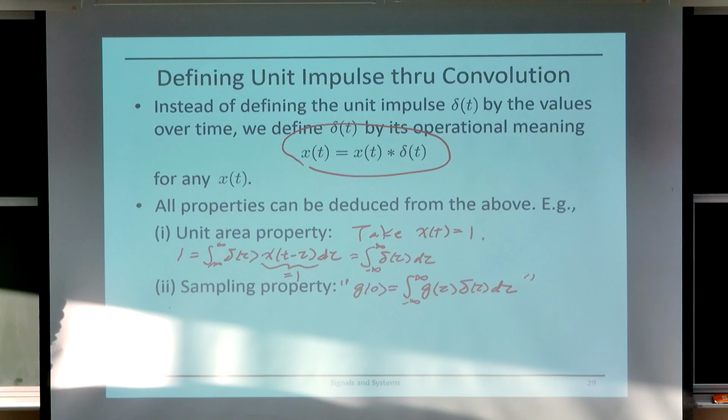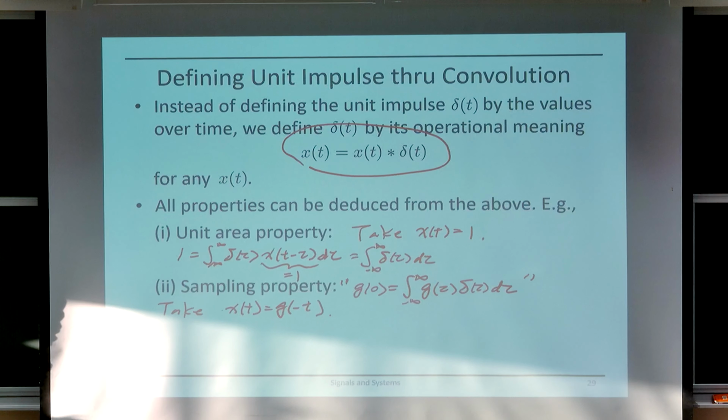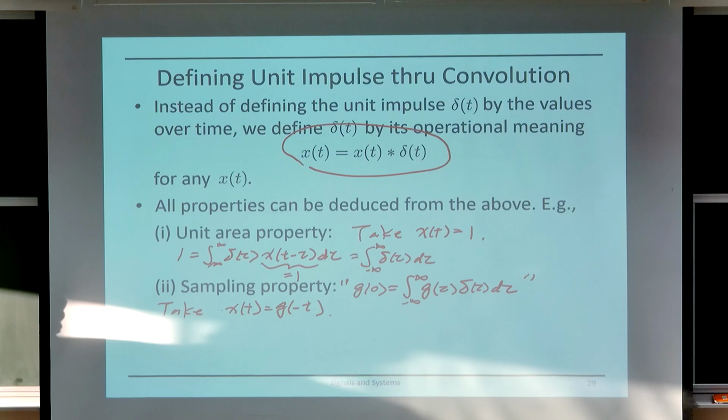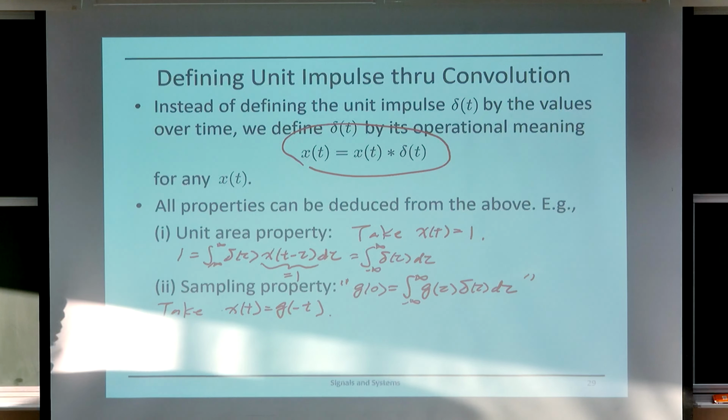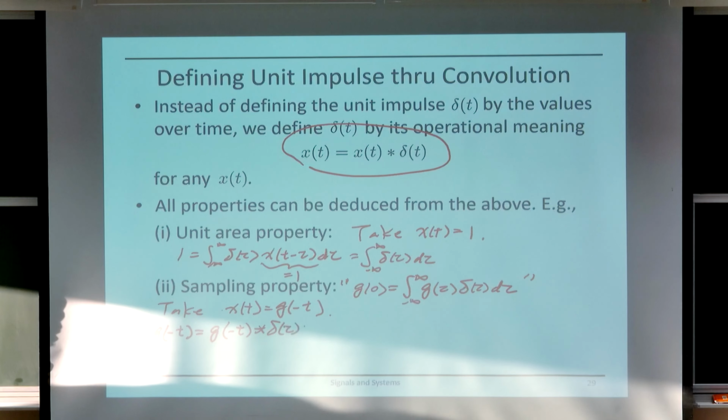And you do this by taking x of t as g of minus t. Suppose you substitute this into the definition above, then g of minus t convolved with delta of t is the integral of g of tau minus t and delta of tau d tau.